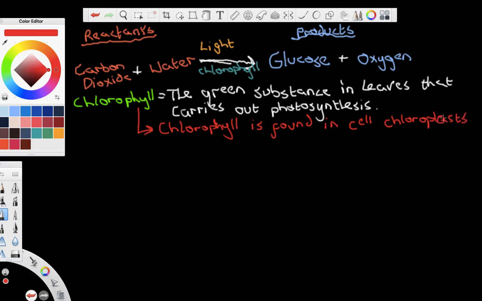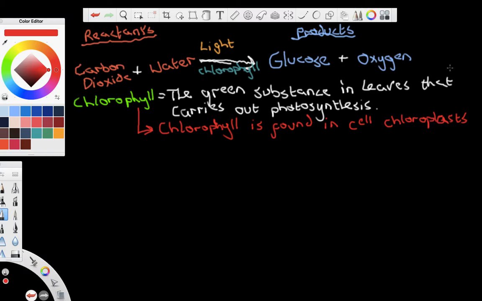Now that's an important distinction. The chlorophyll is inside the chloroplast. When you get asked in an exam, what is the part of the leaf that carries out photosynthesis? What is the chemical that carries it out? You can't say the chloroplasts. The chloroplast is not the chemical. Chlorophyll is the chemical that is found in the chloroplast.